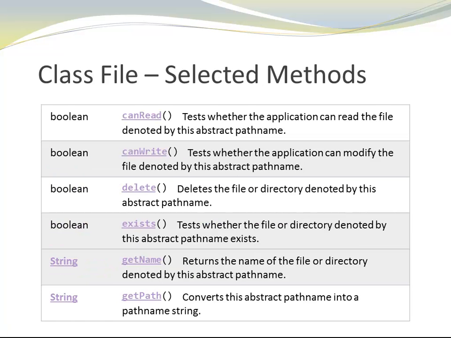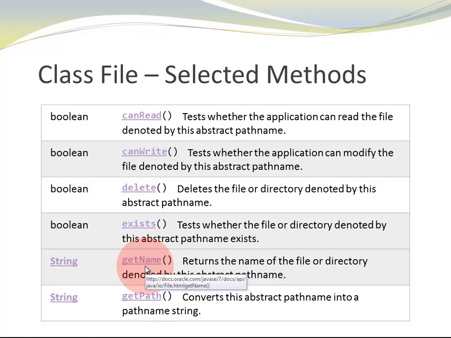Here are some selected methods of class File. Once I have, for example, a File, I can check whether I can read the file, whether I can write on that file. I can delete my file or directory. I can check whether a file or directory exists.